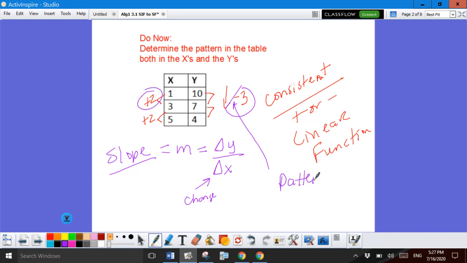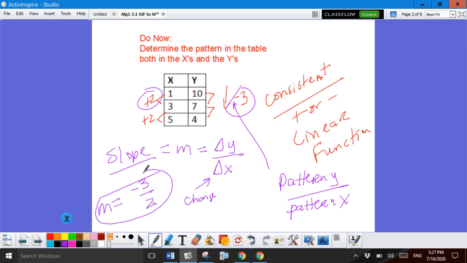So it's the pattern of y over the pattern of x. So in this case, the slope would be negative 3 over 2. So every time I move, I'm going to shift down 3 and right 2. Okay, down 3 and right 2. So that kind of gives me my motion when I'm drawing my line.